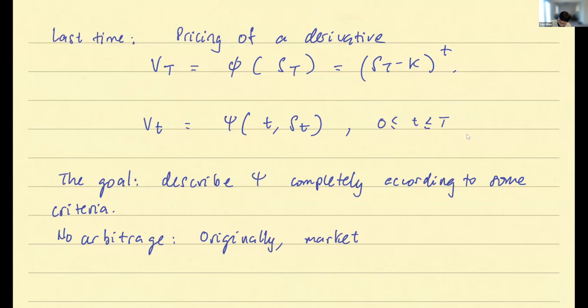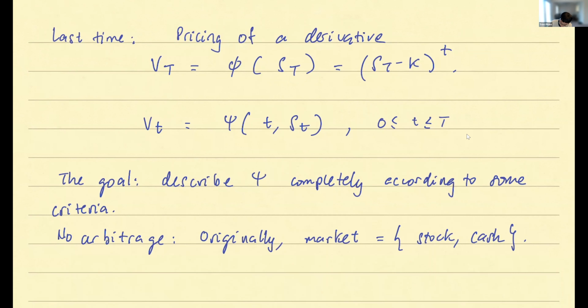My cash here is my lazy way to say it's a money market account, meaning that you can put money in and accumulate the time value of money. But let's just call it cash.